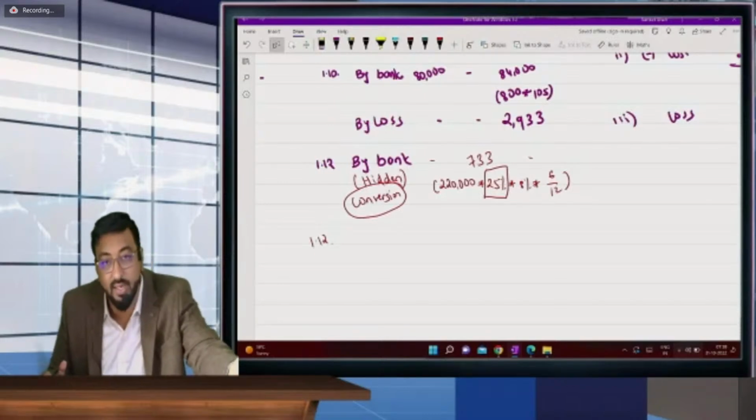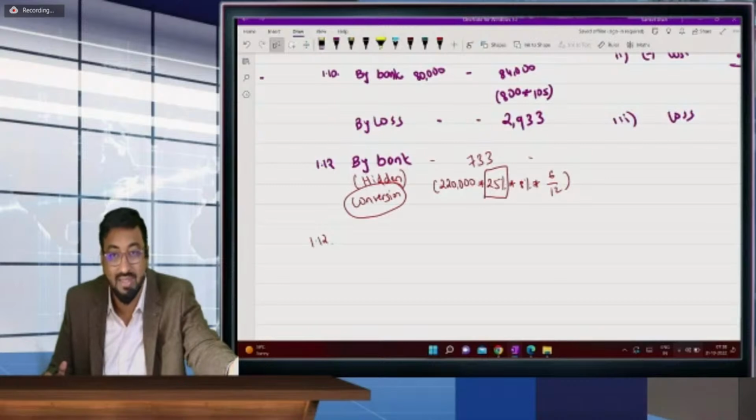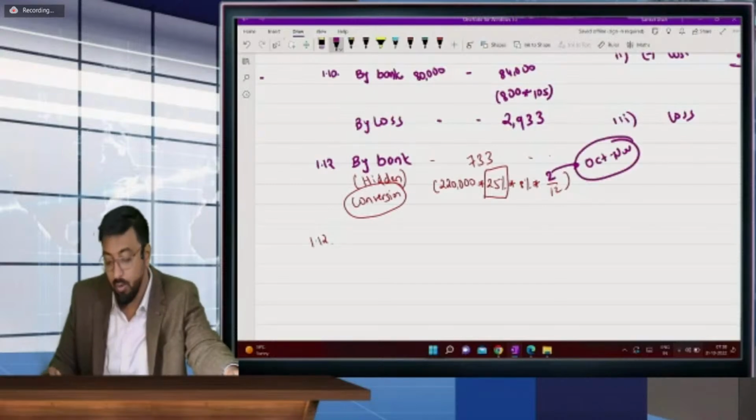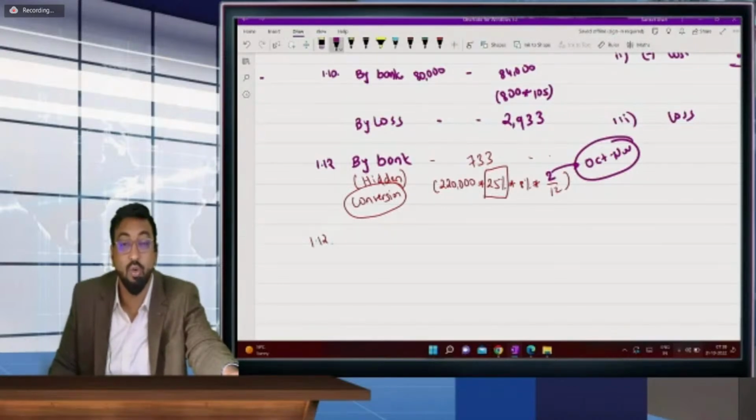So first we will take interest for that, for 2 months. 2/12, from October and November. Only 2 months interest.